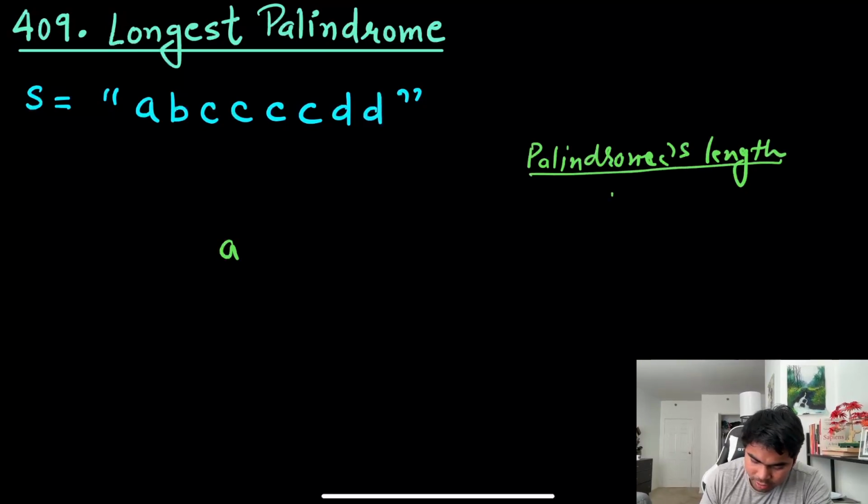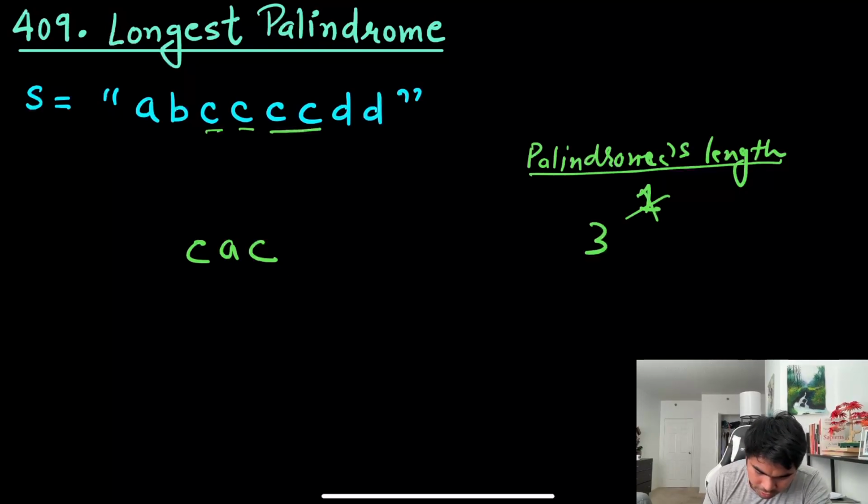Right now it's 0, but now I can make it 1. Then there is B. Can I just put B here? Is it a palindrome? No, it's not. There are no more B's, so I will get rid of this B and place one C here and another C here. So now it's of length 3.